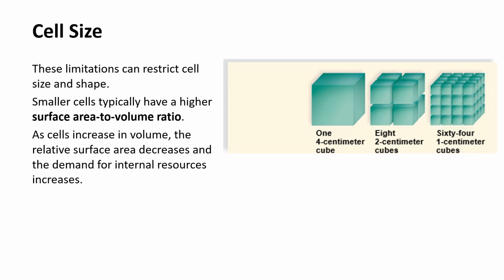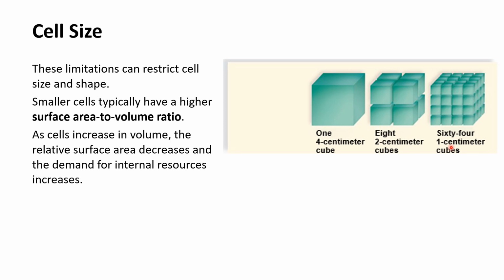Here we're going to be taking a look at three cubes. We're going to compare them here. Just imagine that these are cells. So here we have a 4 centimeter cube, meaning it's 4 centimeters on all sides. Then we're going to split that 4 centimeter cube into 8 2 centimeter cubes.